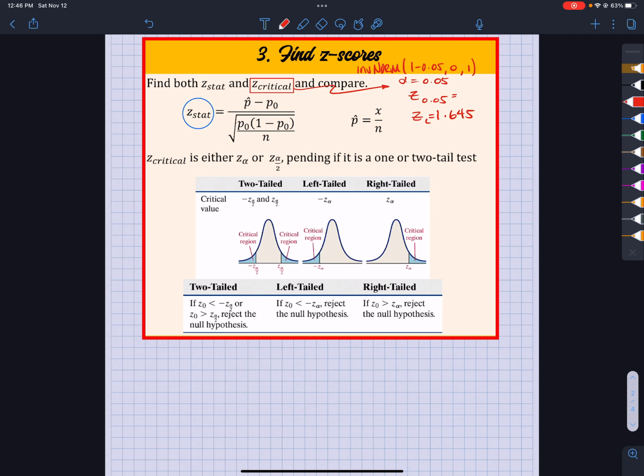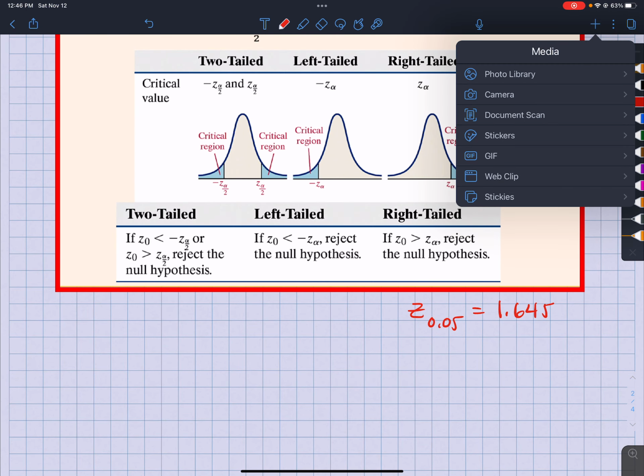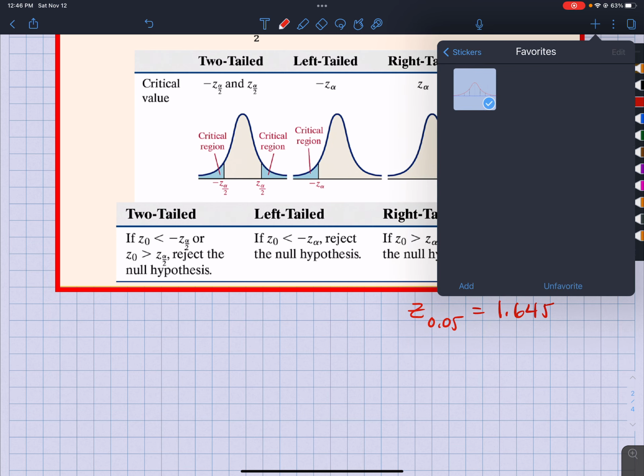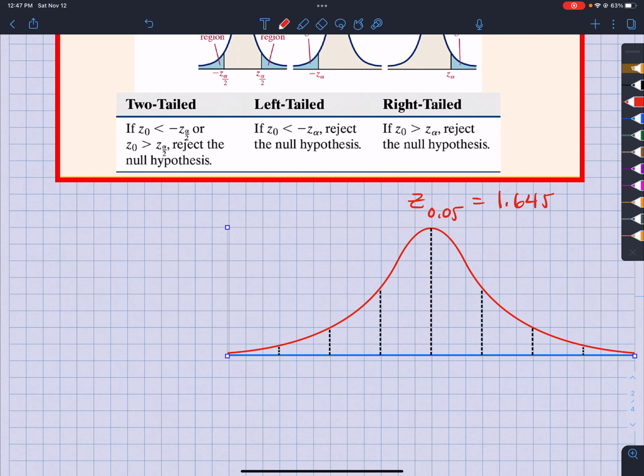So we already got the z critical, right? So z critical, I'll put it right here, which is 0.05, is equal to 1.645. Meaning, if I was to throw this on here, I know that 1.645 is somewhere here.